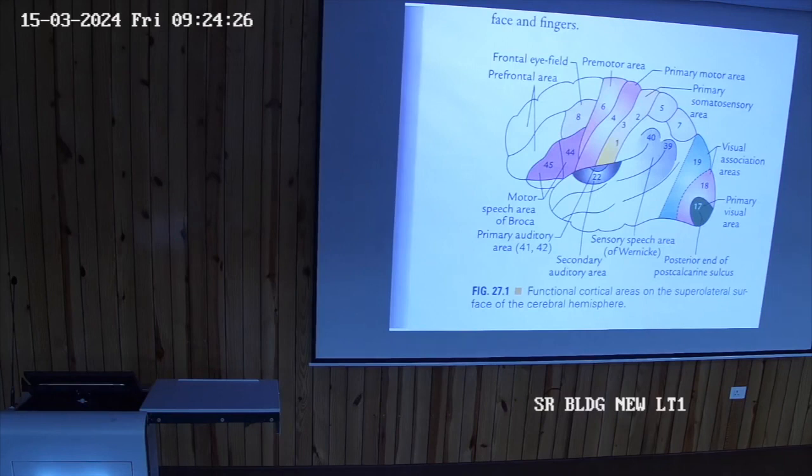Now what happens? In motor aphasia, there is a disease or injury at the Broca's area. Understand? There is an injury of the Broca's area. Because of that, the sensations are not coming.